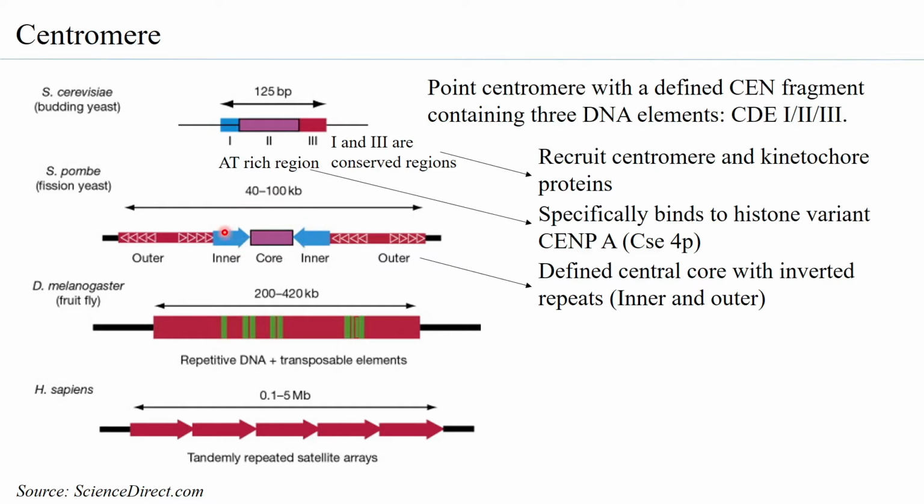These two repeat sequences form the inner repeat, and beyond this are found other repeat sequences, which are called the outer repeats. Because of the presence of these repeats, you can see how the centromere region has now spread across several thousand base pairs, and therefore it is no longer a point centromere, it is a regional centromere.